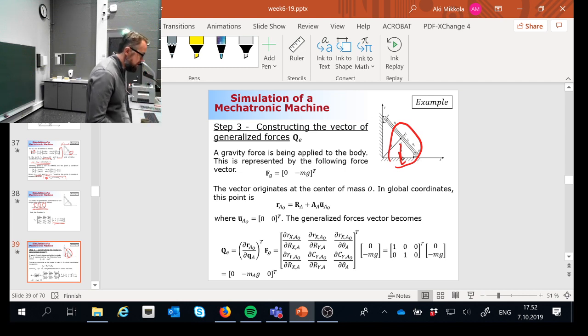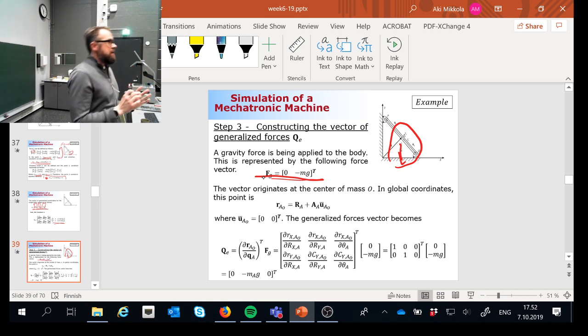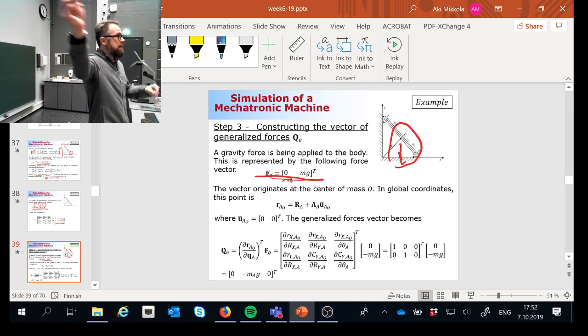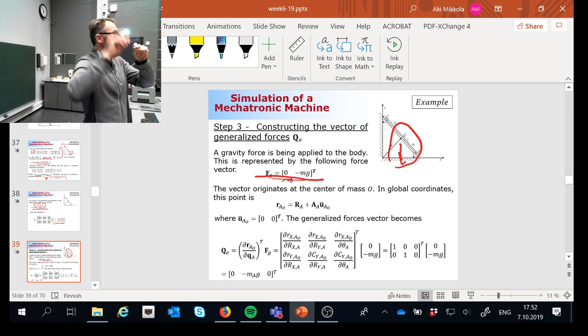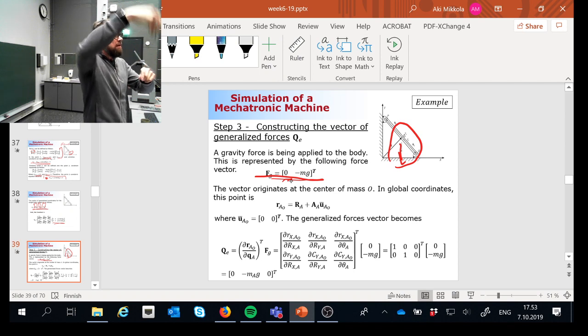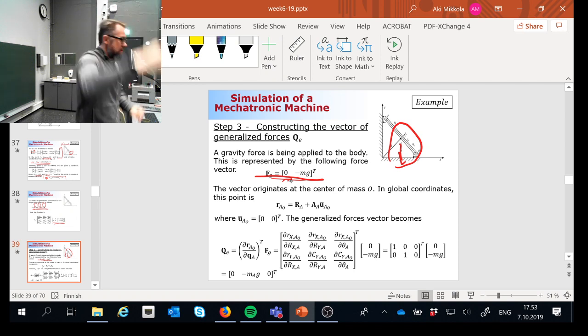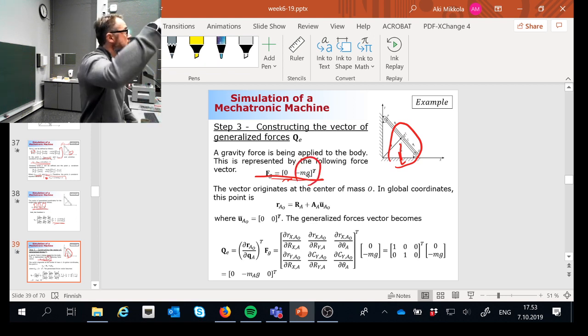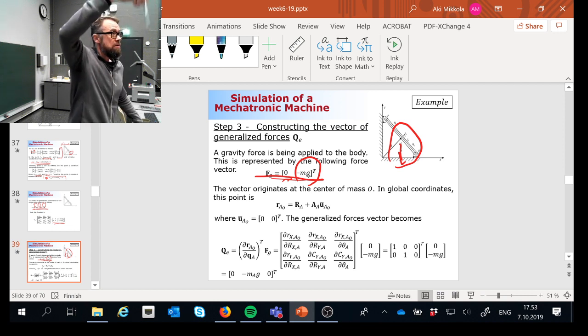So how are we going to do this? Well, first of all, the force applying in the global x direction is going to be 0, because gravity is not applying in this direction, but is applying in this direction. So the component in the global y direction is mass multiplied by the gravity constant, with a minus, because downwards.